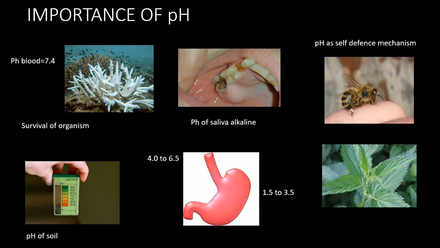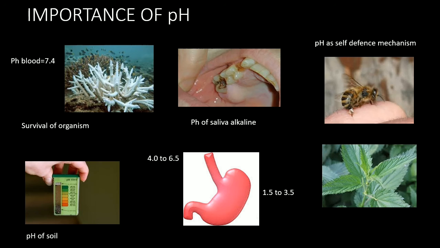Why? Because the pH of blood is slightly alkaline, between 7.35 and 7.45. This slightly alkaline medium is very essential for the proper functioning of the human body. Slightly alkaline pH of blood.